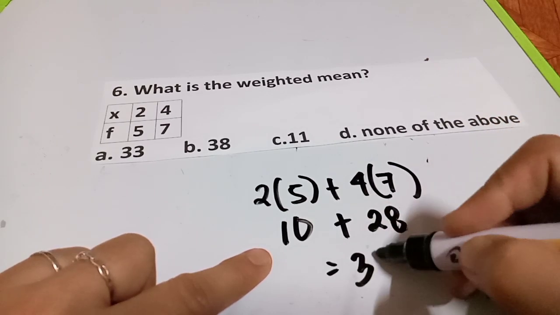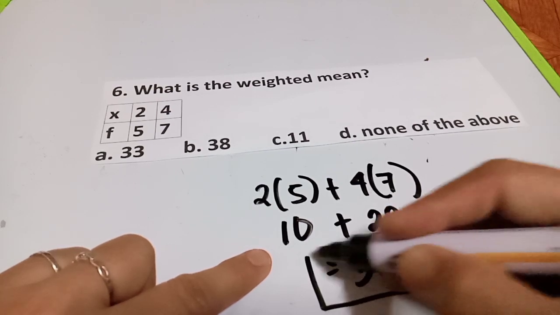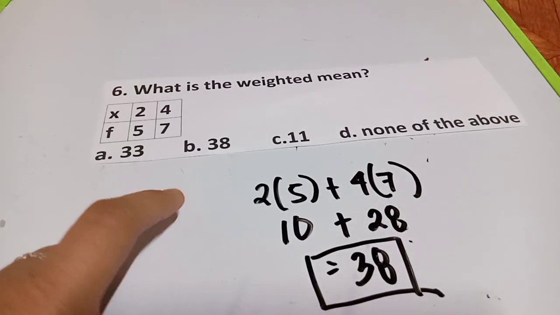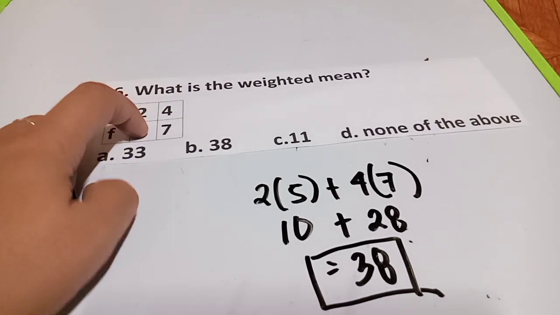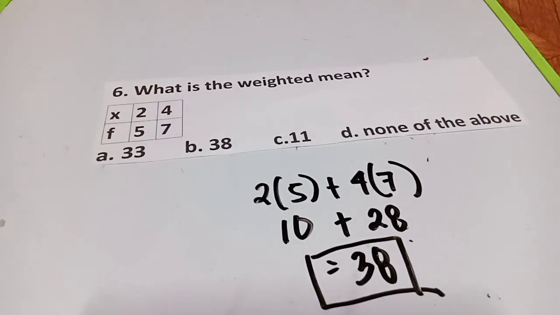If we add that, the answer is 38. So that is the only step in getting the weighted mean. Well, let's proceed to number 7.